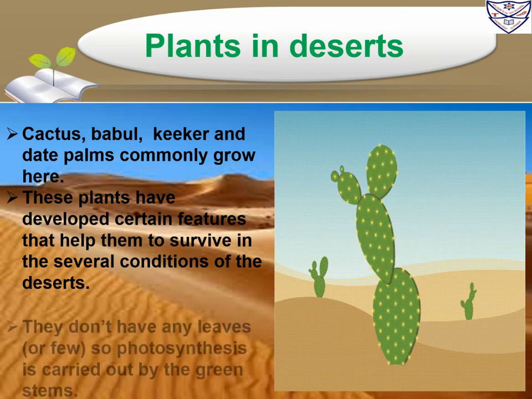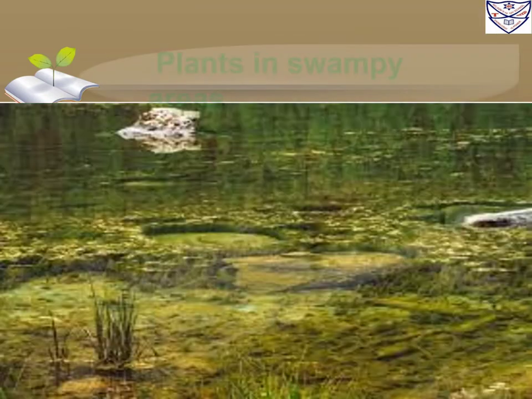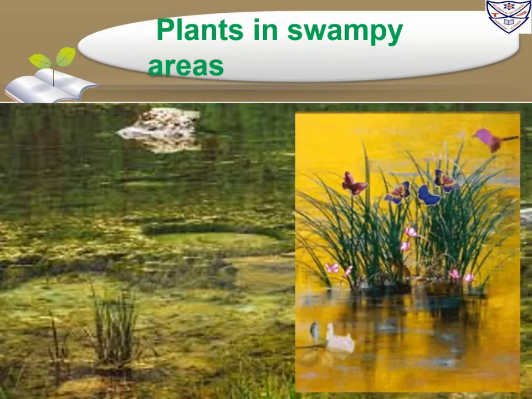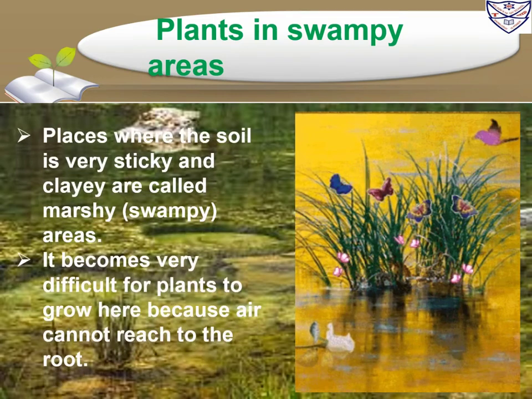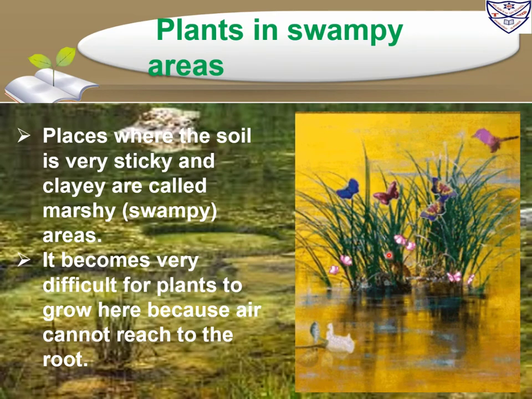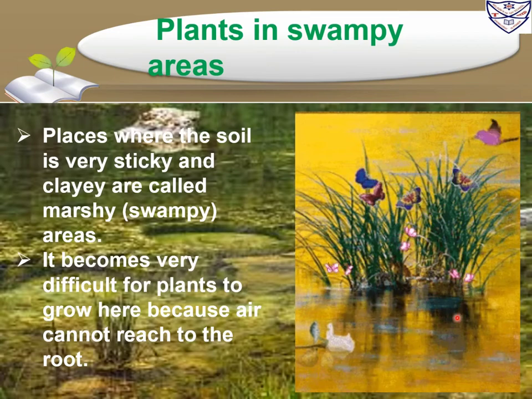Plants in a swampy area. Places where the soil is very sticky and clay are called marshy or swampy areas. It becomes very difficult for plants to grow here because air cannot reach the roots.